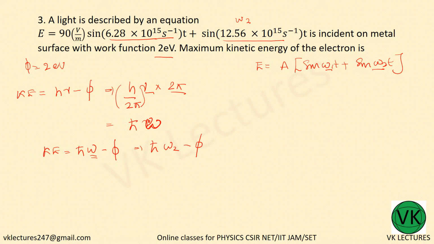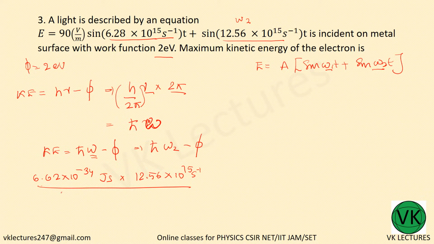So what is h? 6.62 into 10 to the power minus 34 joule second is the unit of Planck's constant, into what is omega 2? Omega 2 is nothing but 12.56 into 10 to the power 15 second inverse divided by 2 pi, right?